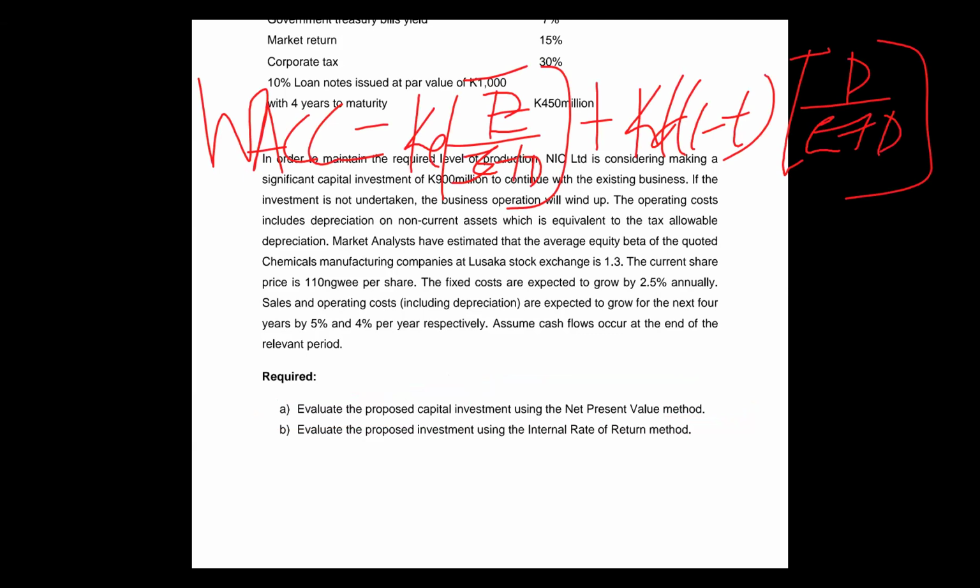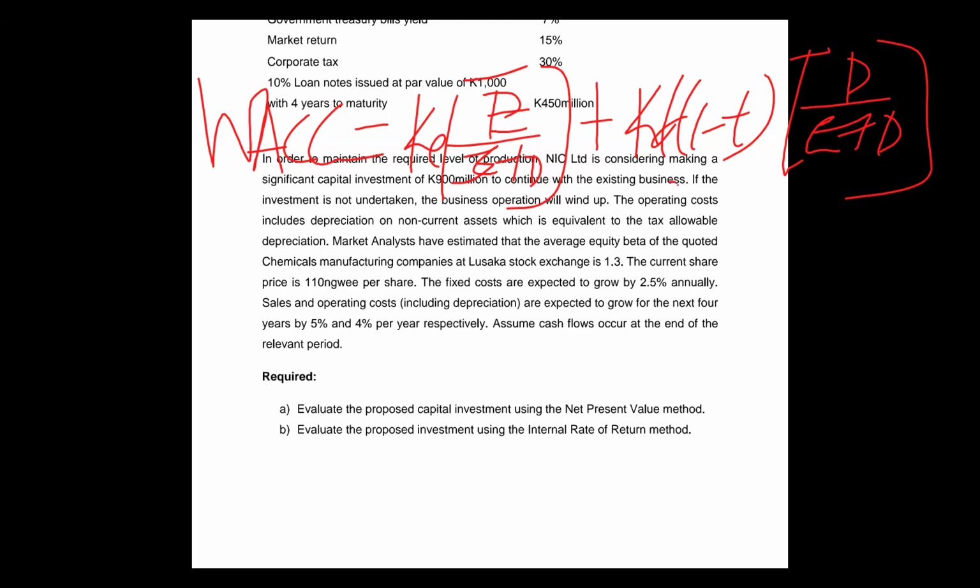Maybe I have the wrong formula. How is the cost of debt times 1 minus T coming in between? This one comes in if, when you are calculating the cost of debt, you have not deducted taxes.